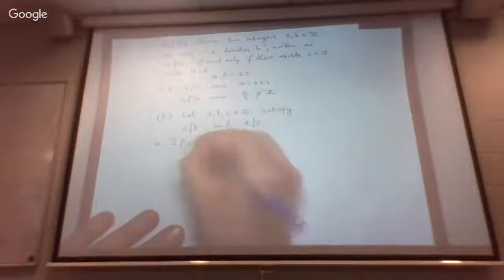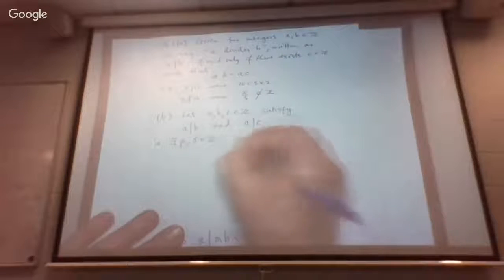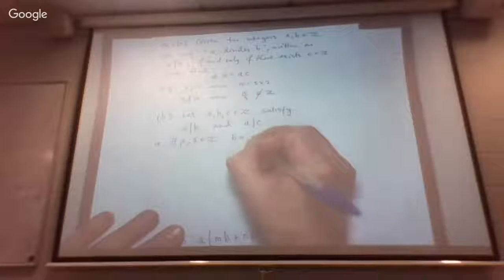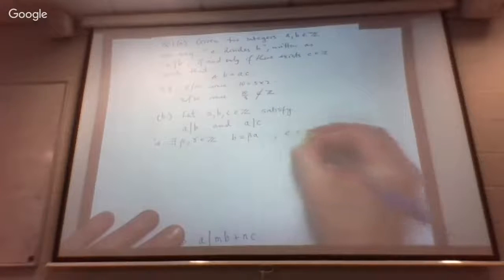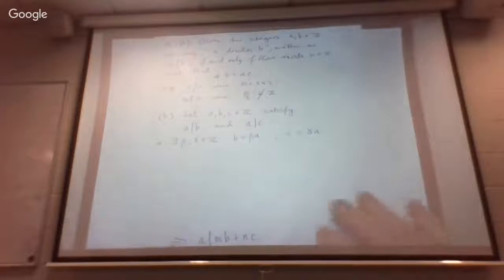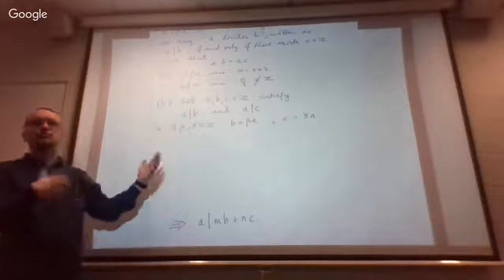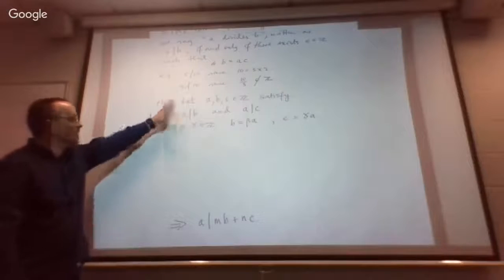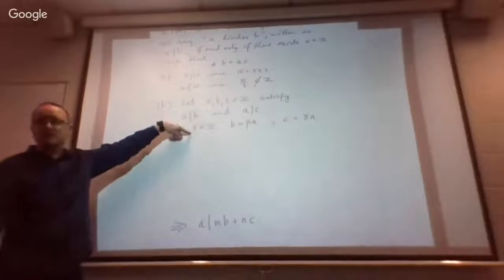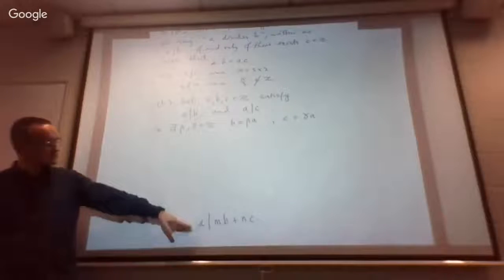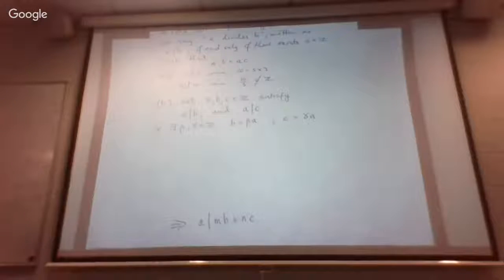I.e., if A is dividing B, it means there exists an integer, let's call it beta, and another one, gamma, such that B is beta times A, and C is gamma times A. That's what it means for A to divide B and A to divide C. So we haven't really begun our proof argument yet, because all I've done is put down the assumptions and unravel the definition.